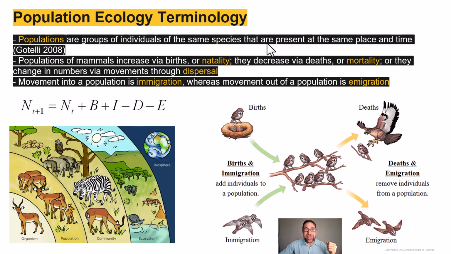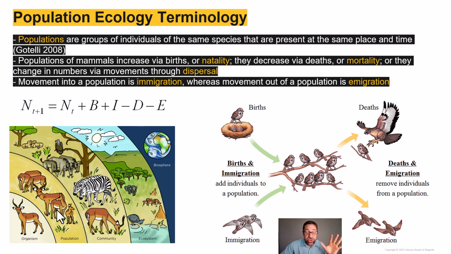As always, we'll begin with some basic terminology. So today we're focused on the population, this biological level of organization. Last module, when we talked about interspecific interactions, things like predation, mutualism, at that point we were working at the community ecology level. Today we're going to put on our population ecologist hats.